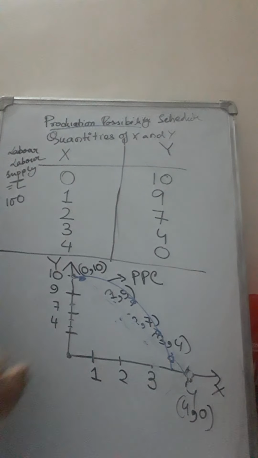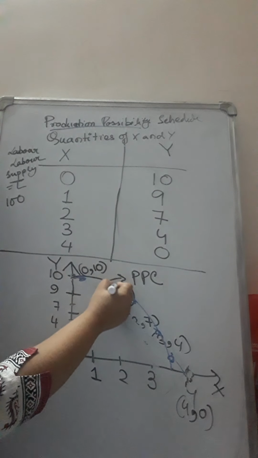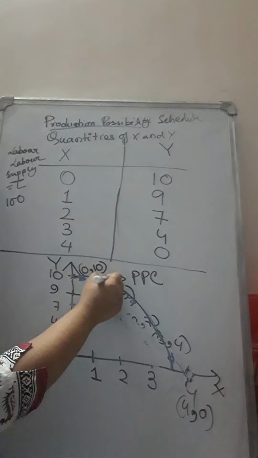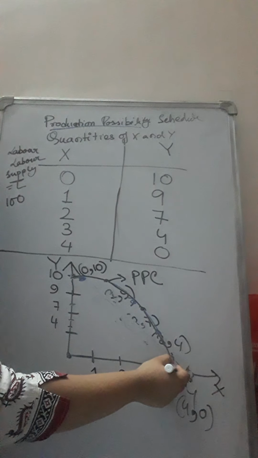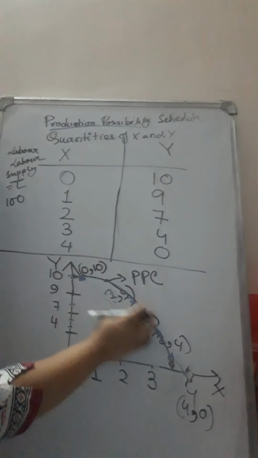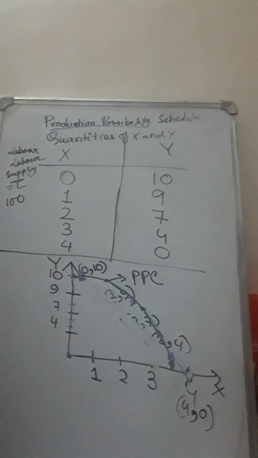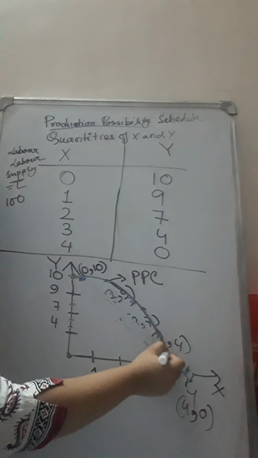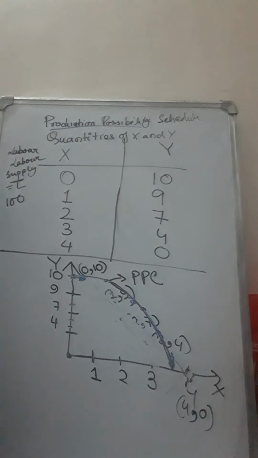which shows you how much production is possible inside the country, and by joining all the different points where production is possible, you get this curve. So that joining line is always known as locus. This joining line, the line that joins all the points, is the locus.